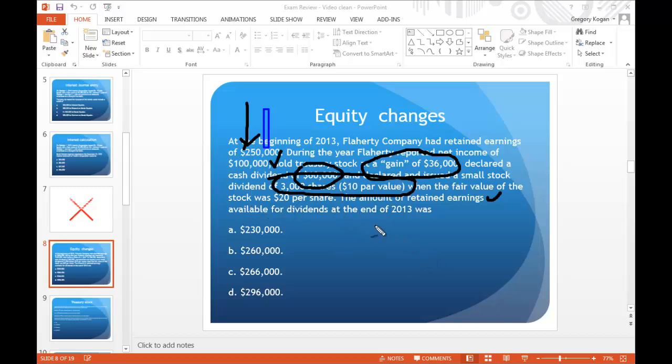So all in all, we're dealing with 250, which is the start, plus 100, right? Minus 60 for the dividend itself, and then minus another 60 for the stock dividend. So at the end of the day, we get 350 minus 120, which is equal to 230. The answer is A.